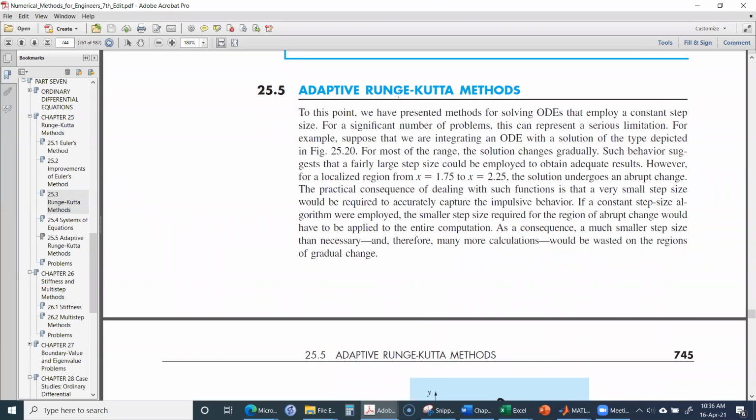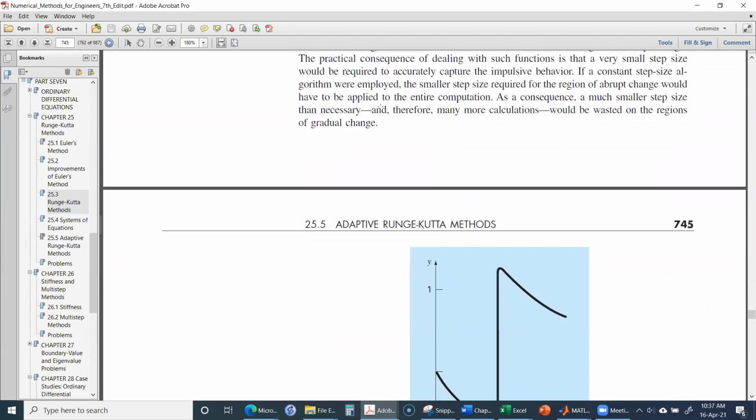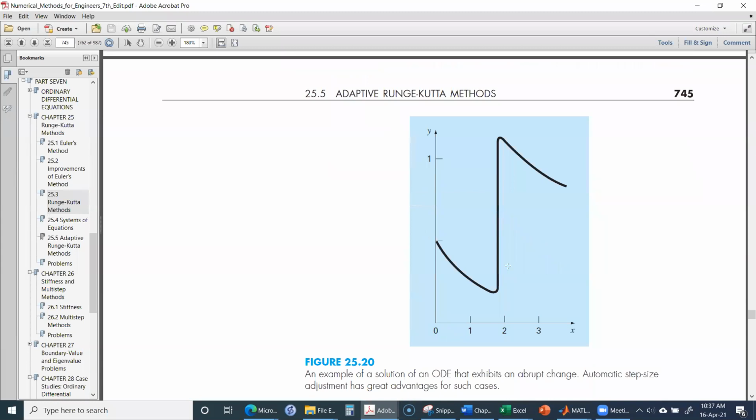In the adaptive Runge-Kutta methods, the concept is like that. There are some functions which change rapidly at some particular values. For those functions, if we apply the normal Runge-Kutta methods or Euler's method, there may be problems.